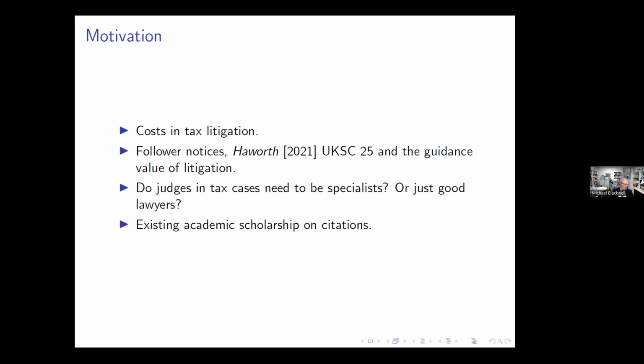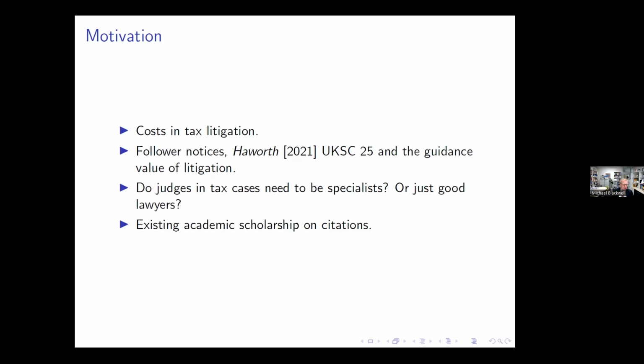And so the issue of follower notices was litigated, and it went to our Supreme Court in the case of Howarth. There the Supreme Court decided that follower notices could only be issued where HMRC were sure that the principles or reasoning of the earlier case would apply and deny the asserted advantage.